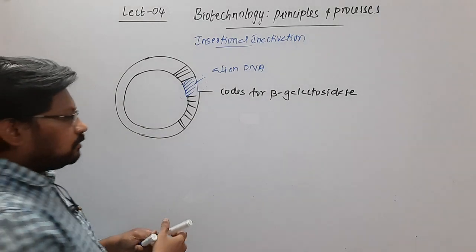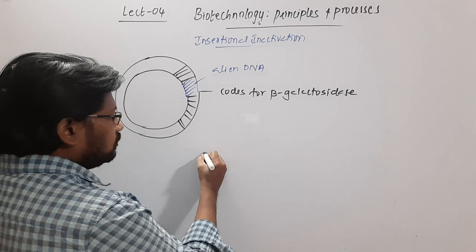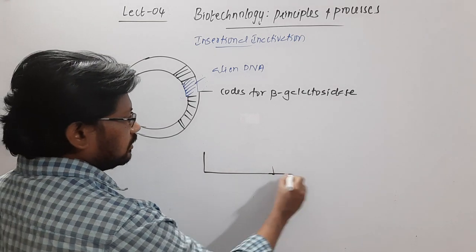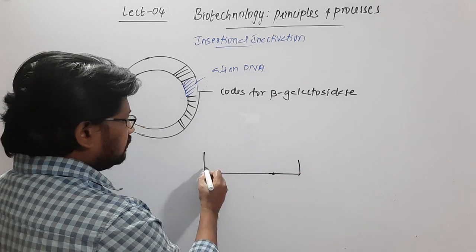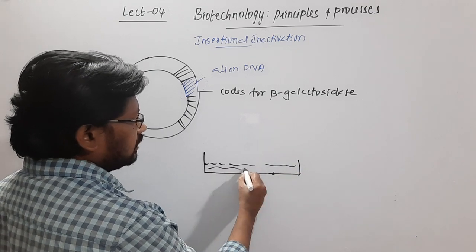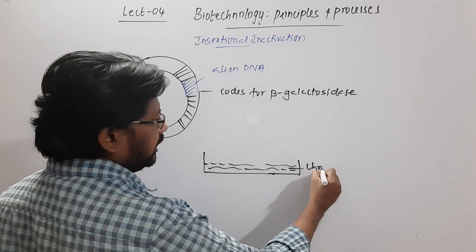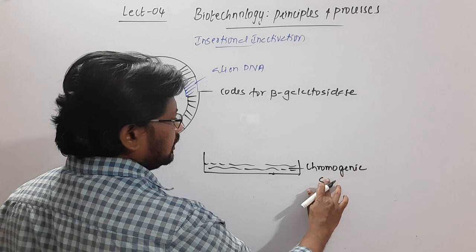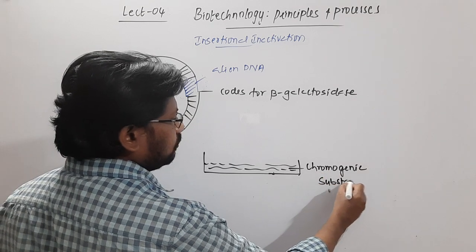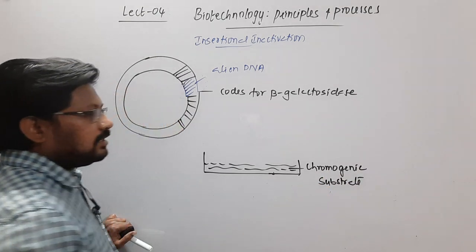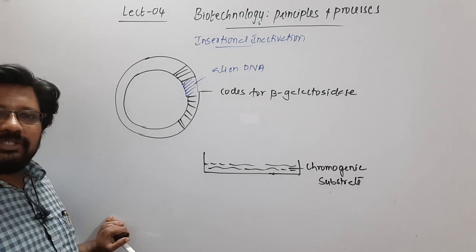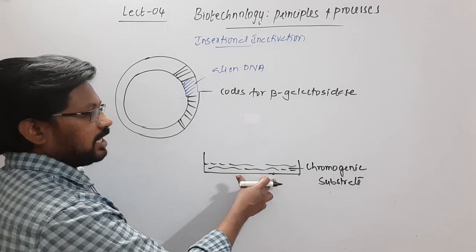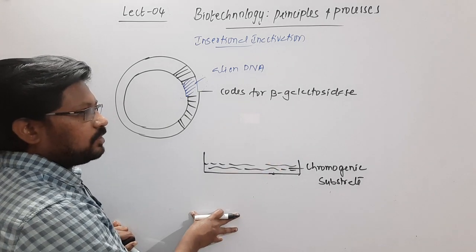Now what I'm going to do is take a medium that consists of a chromogenic substrate. What is this chromogenic substrate? It is going to produce color upon reaction with the enzyme, that is, beta galactosidase.